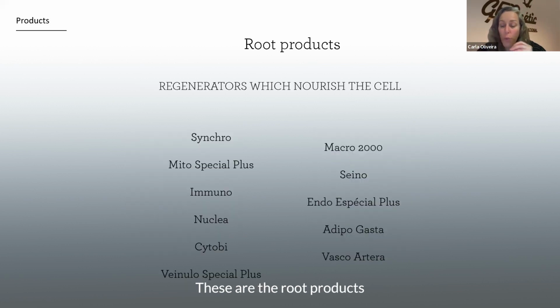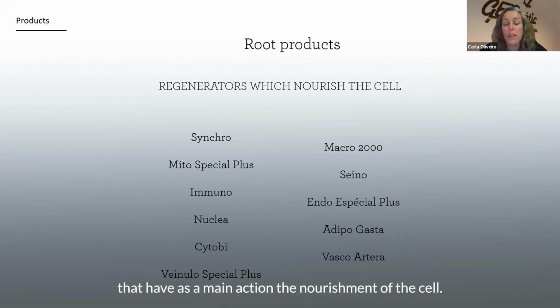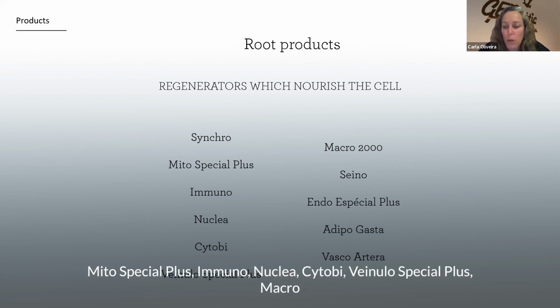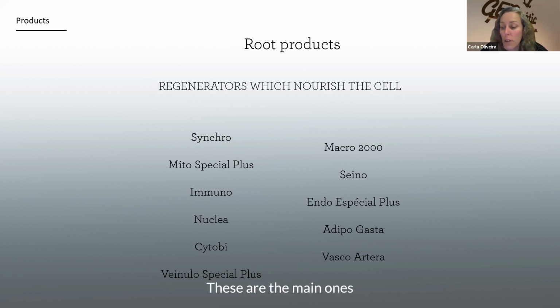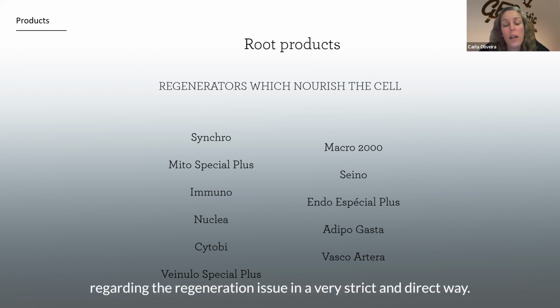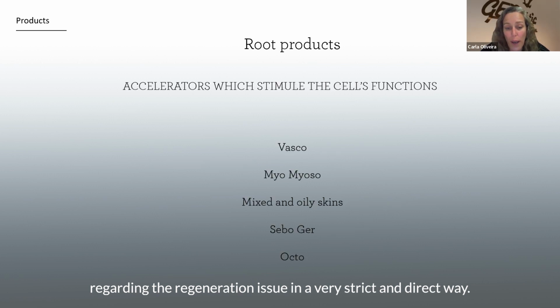These are the root products that have as main action the nourishment of the cell. Synchro, of course, Mito Special Plus, Immuno, Nuclea, Cytobi, Veinulo Special Plus, Macro 2000, Seno, Endo Special Plus, Adipo Gasta, and Vasco Artera. These are the main ones regarding the regeneration issue in a very strict and direct way.